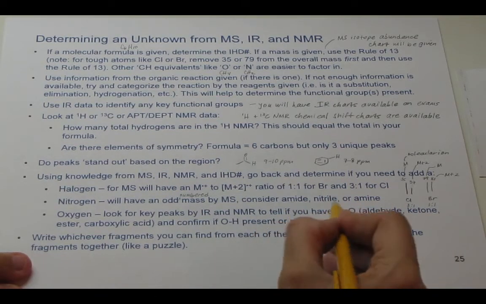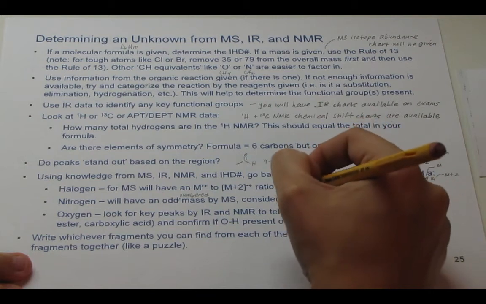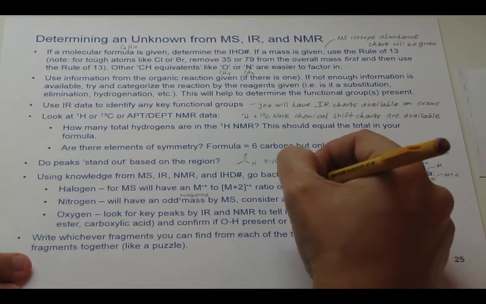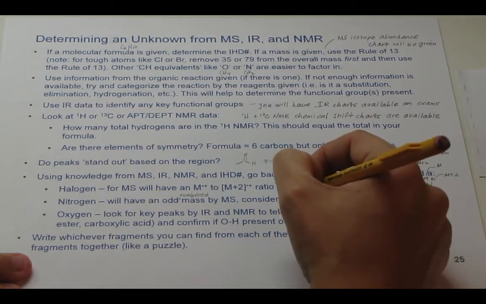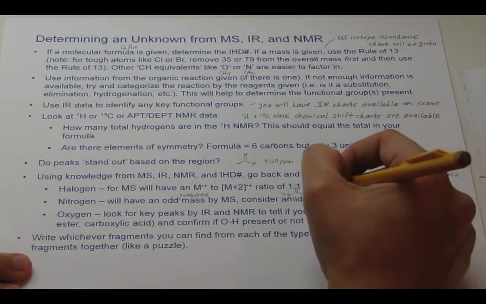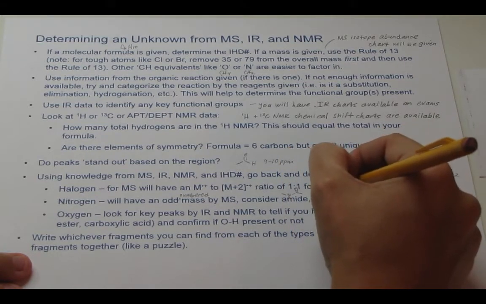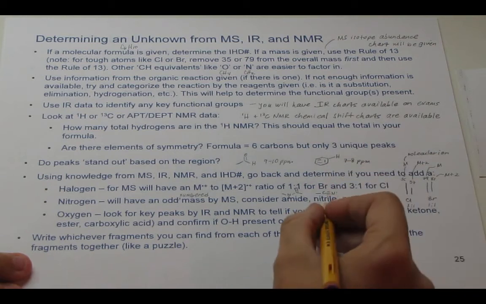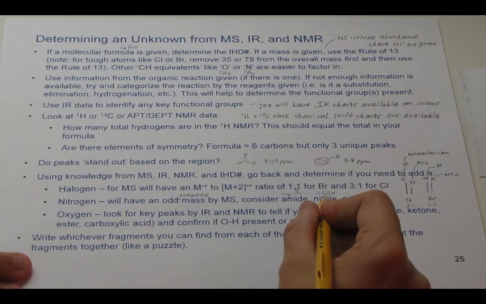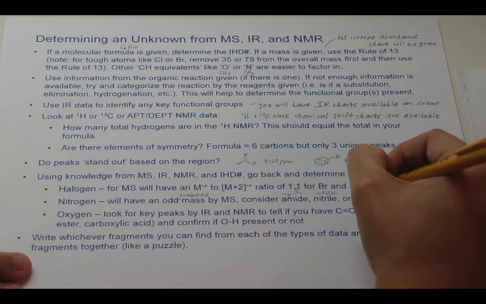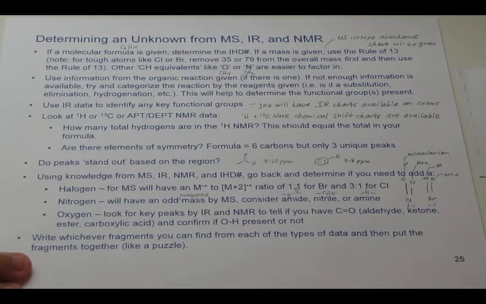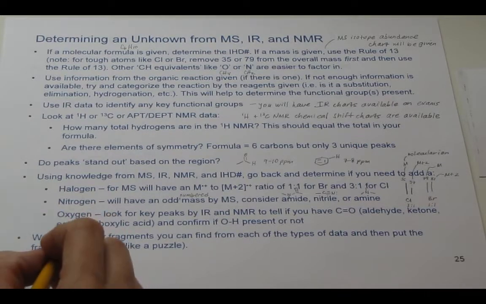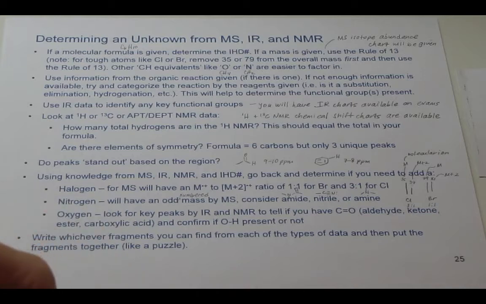And then you should consider what functional groups have 1 nitrogen. So amides, which had a nitrogen with 2 groups connected to a carbonyl, a nitrile, which had a nitrogen with a triple bond to a carbon, and then an amine, which had a nitrogen with 3 single bonds. For oxygen, you're just going to have to give some information.